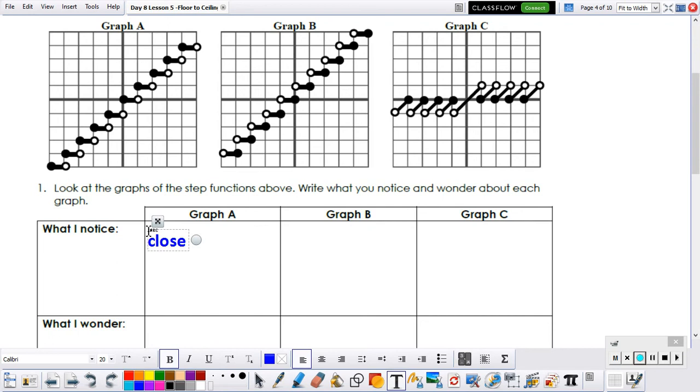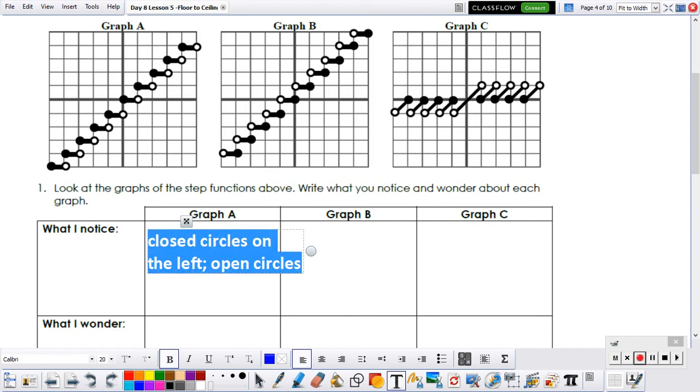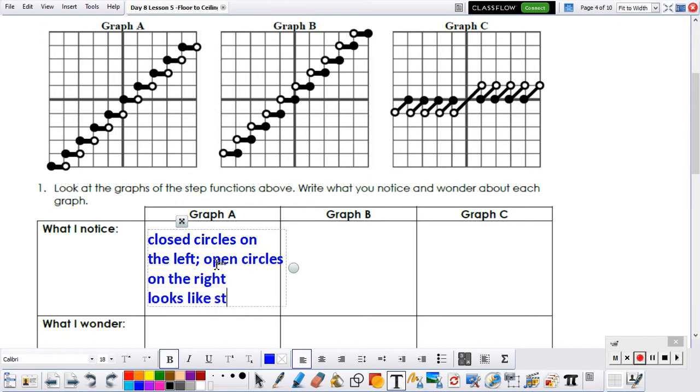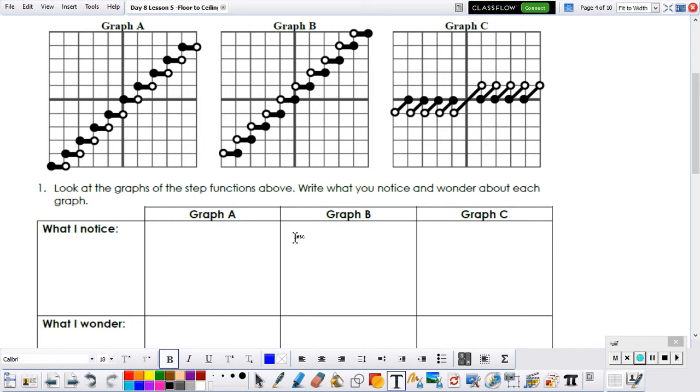We have closed circles on the left, open circles on the right, and it looks like steps. Looks like steps.